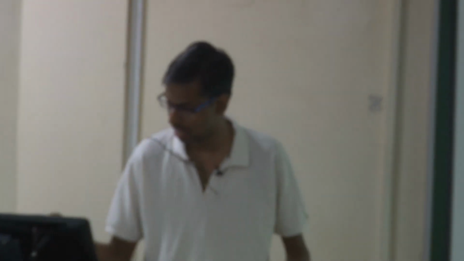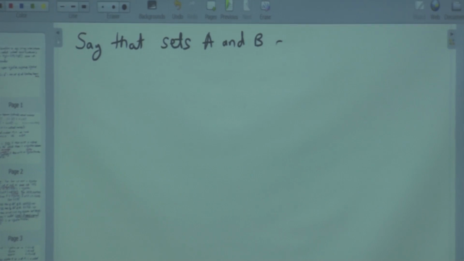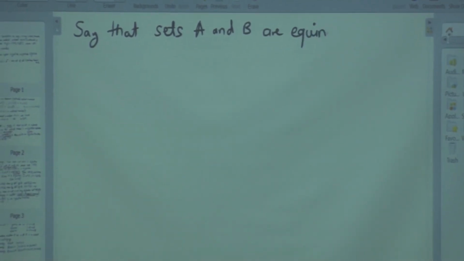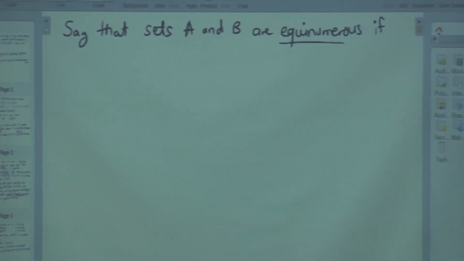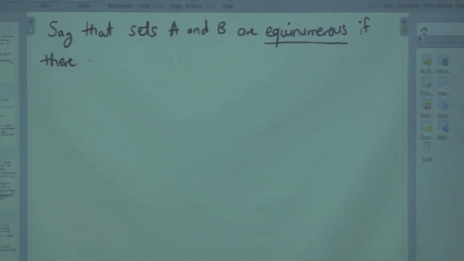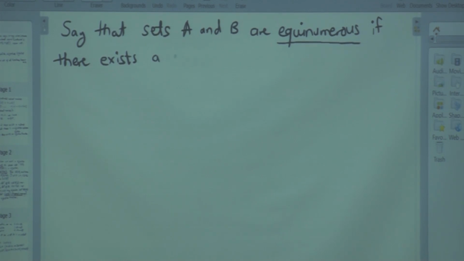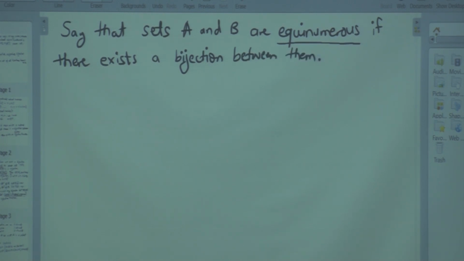But before that, let us say something more. Say that sets A and B are equinumerous if there exists a bijection between them.